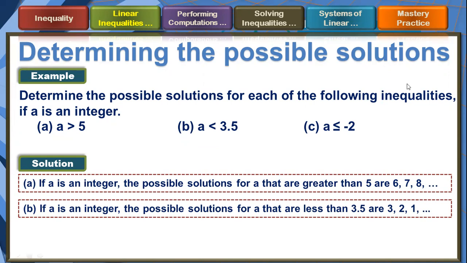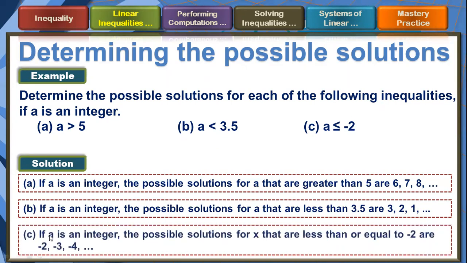So for C, we have A is less than or equal to negative 2. Remember the word here, equal, tells us that negative 2 is included in our solution. So we will state that one again.